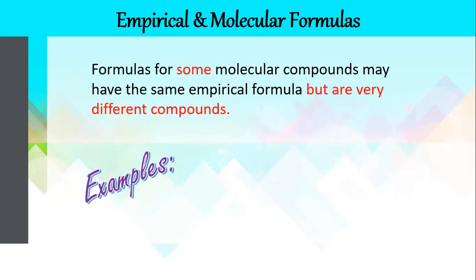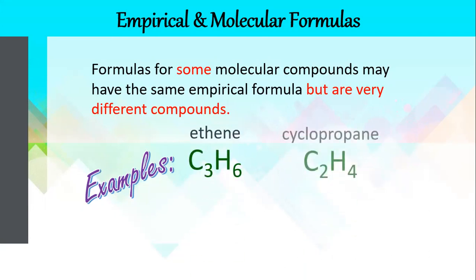Well, there are also compounds that have exactly the same empirical formula, but very different composition and name, of course, just like ethene and cyclopropane. They both have an empirical formula of CH2, but these two substances are very different products, okay?